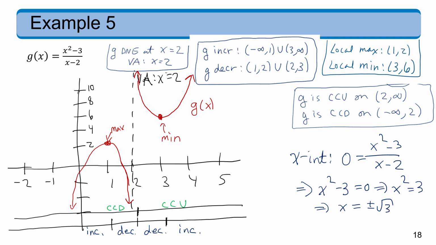So let's locate these. 1 point something is here, right? That's one of them. That's the square root of 3. And this other one, it turned out, should have been a negative number, right? Because it's supposed to be negative square root of 3. So I should correct that, make it a little bit wider. If I can get it to erase.